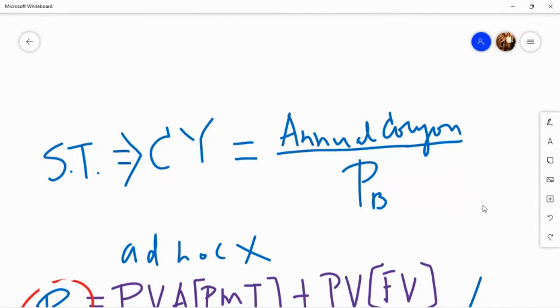If you're holding the bond for 1 year, or even if you hold it longer but just want to calculate a short-term 1 year return, what would you do? That short-term return is called current yield.